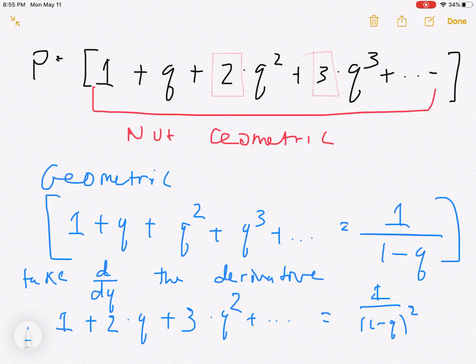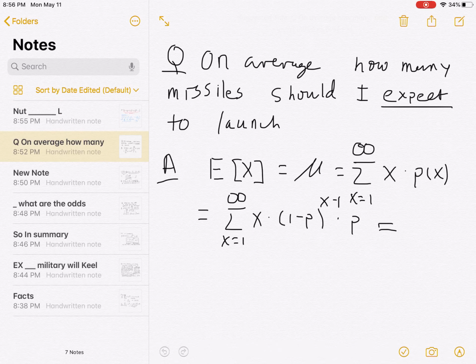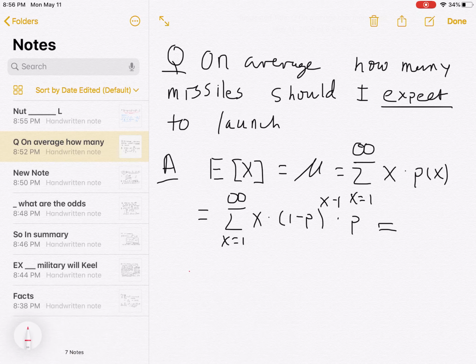Okay. I want to go back just a slide. If I was to write out this term right here, I'll do it in red. When x is 1, I'm going to get just a p.